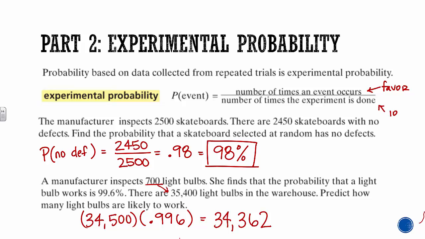And remember, these are the ones that are likely to work. So for the most part, these light bulbs all work. There's only 638 that could be defective. This is kind of using experimental probability with theoretical probability, because we're saying experimentally we got this percentage here. Now if we use that as a theory, we would only end up with about 600 defective light bulbs, which is pretty good.